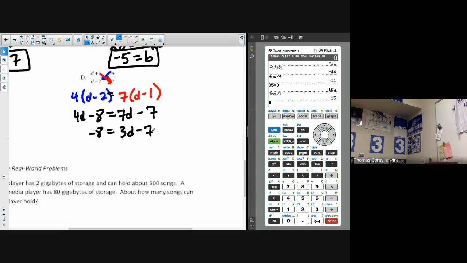And then we have the minus 7. Now I'm going to add 7 to both sides. Negative 8 plus 7 is negative 1. And then we're ready to go ahead and divide by 3. So negative 1 divided by 3, we'll just leave that as negative 1/3.